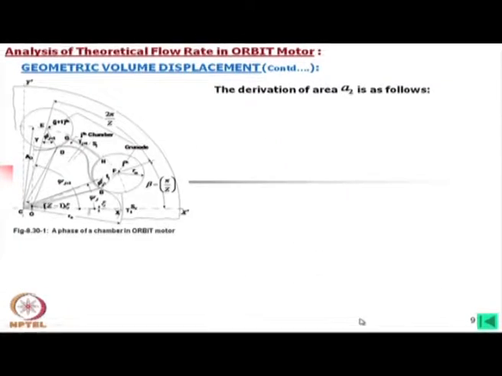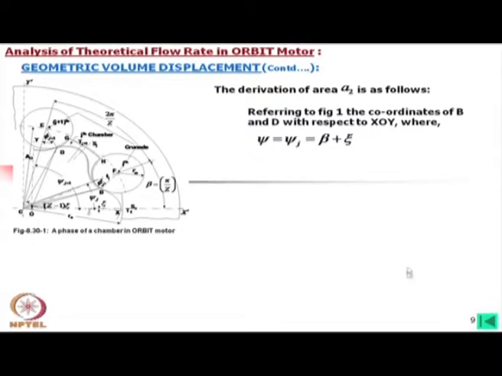In the next page, we find out how to get A 2. Now, for this A 2, the coordinates of B and D with respect to x or y, where this angle is with reference to the original generation of profile epitrochoids.